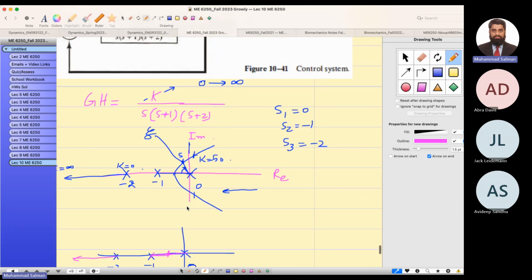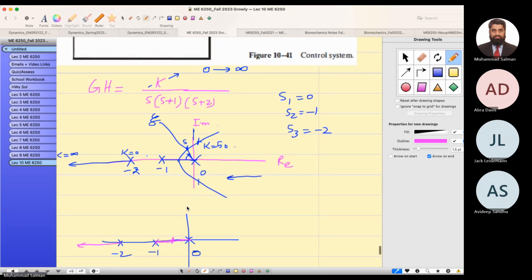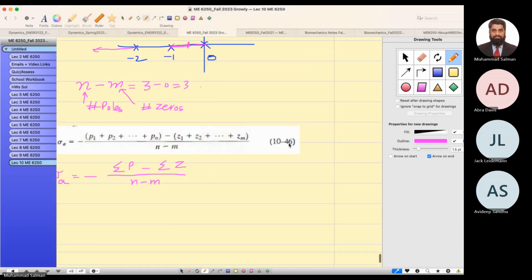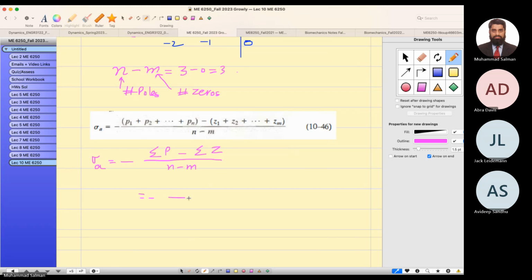What is the sum of the poles? They took a negative sign from here.